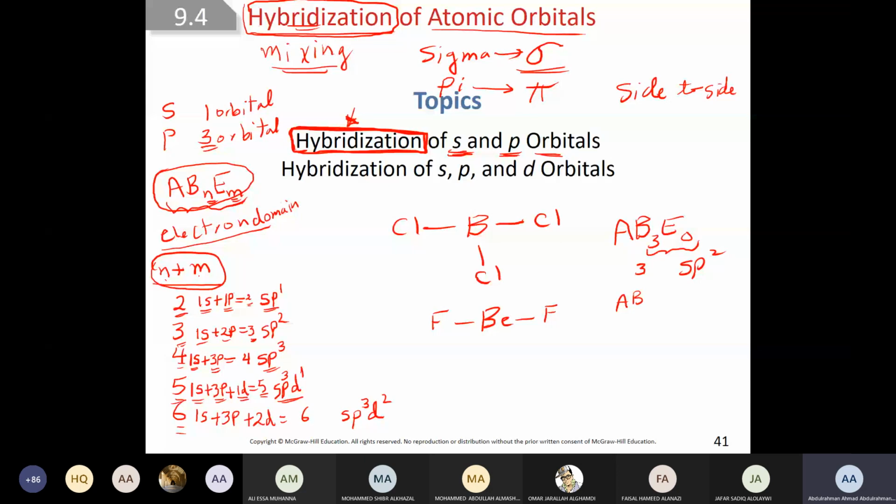B represents the bonds, whether single, double, or triple bond, and E is actually the electrons, which is like this. We will have some examples in a while. That's how you make it. This is AB2 E0. Then what hybridization are we going to have in this molecule?